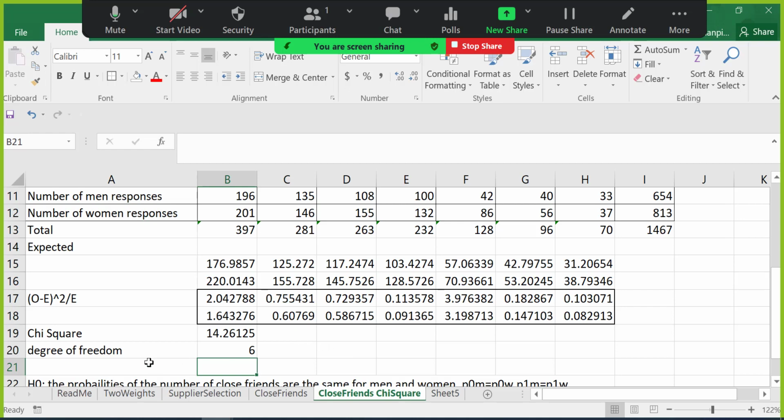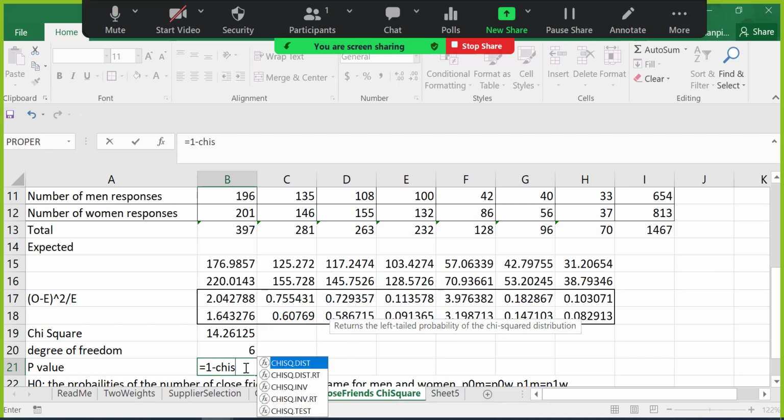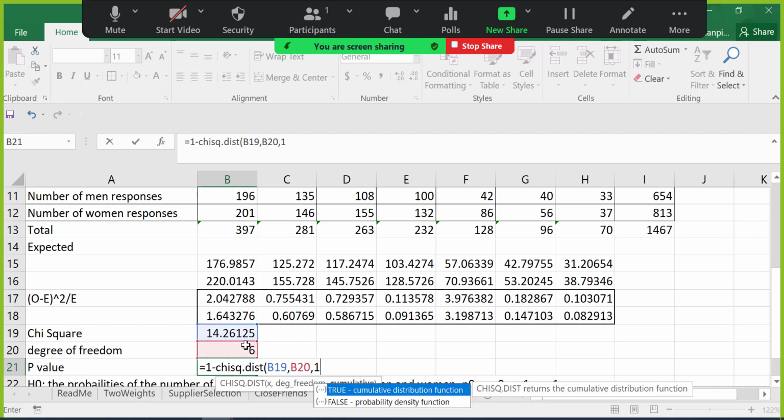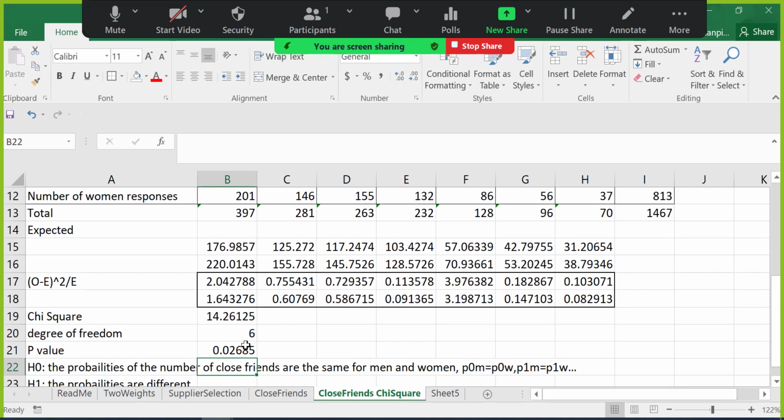And then you can find the p-value. That's always the tail, 1 minus the chi-square distribution, with the x value, the degrees of freedom, and cumulative. Okay, so you found your p-value here.